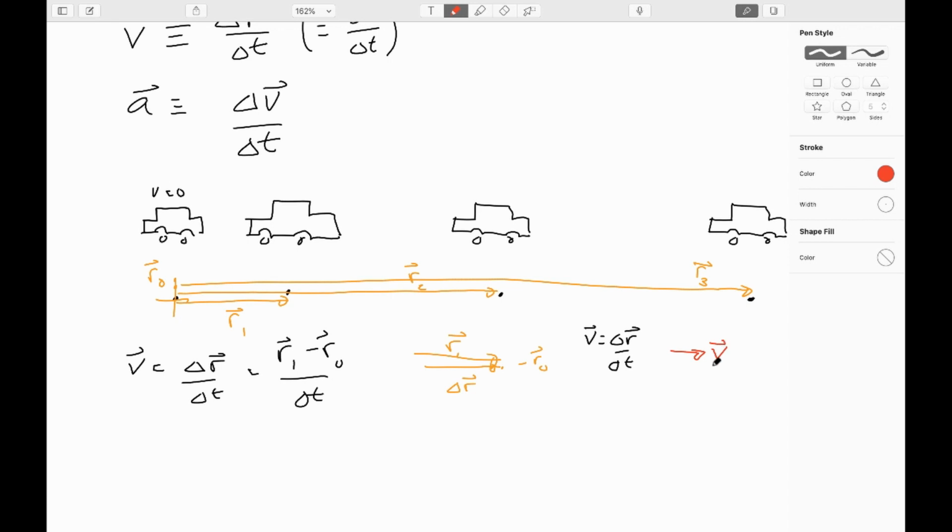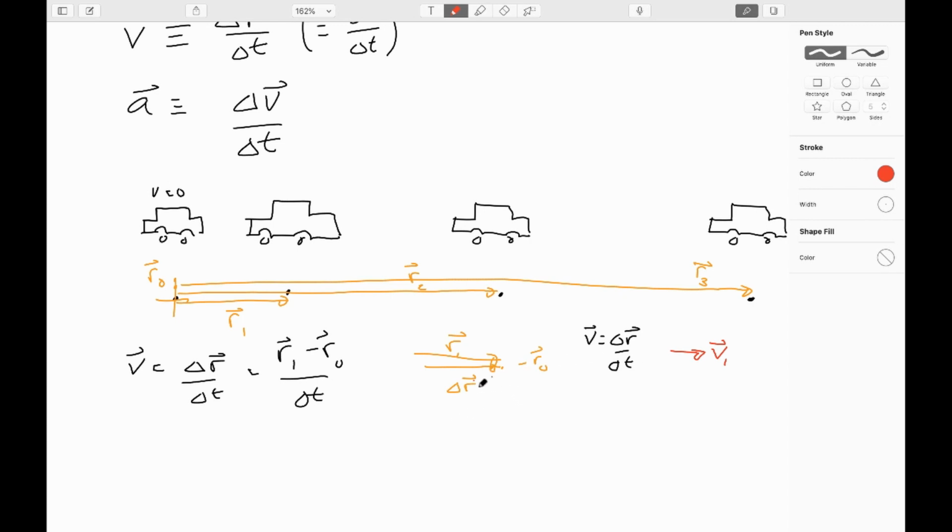But remember, when you're drawing it, it doesn't have to be the same length because the units of velocity are meters per second. The units of position and displacement are meters. So as long as this is proportionate to that, that's all we can ask for, because anytime you change units, you automatically change scale. Okay, let's do it. We'll call this V1.